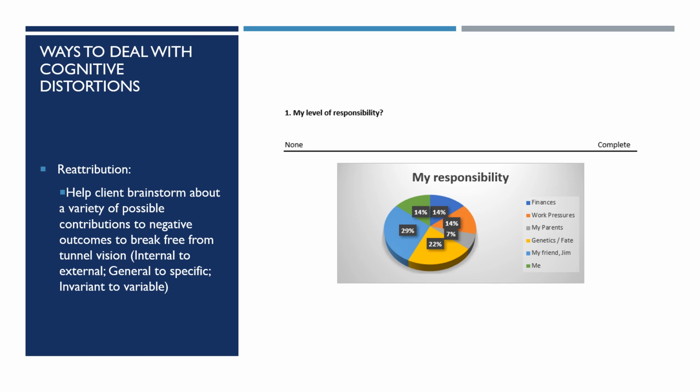But there are a lot of other factors that simultaneously contributed to this negative outcome. So you may have contributed a little bit, but it's really not entirely your fault. So this is one technique you can use.